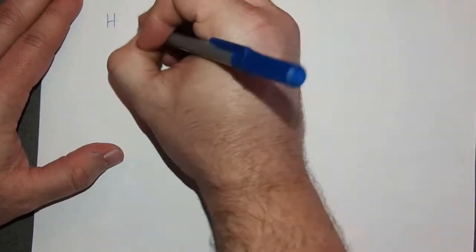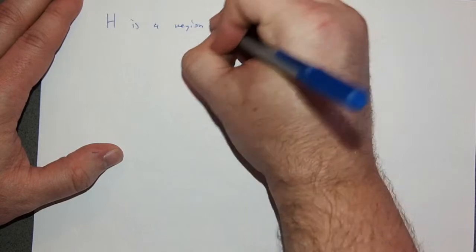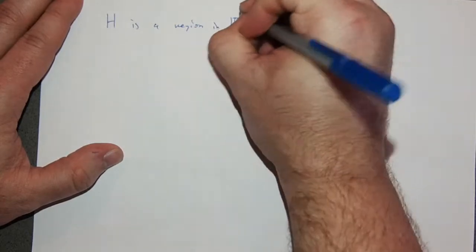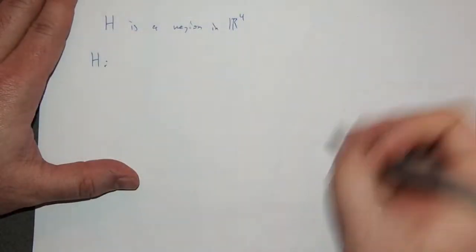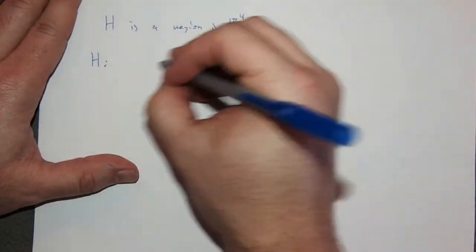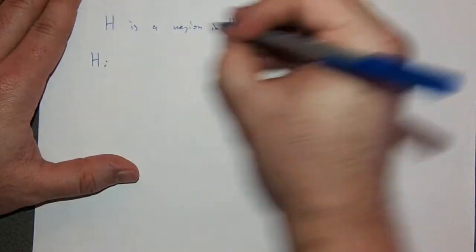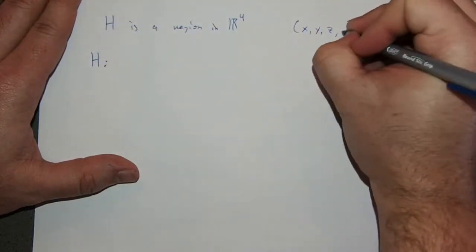So H is some region in R4, so it's four-dimensional. And we'll say that it's simple, and we'll label a point in H as x, y, z, w.